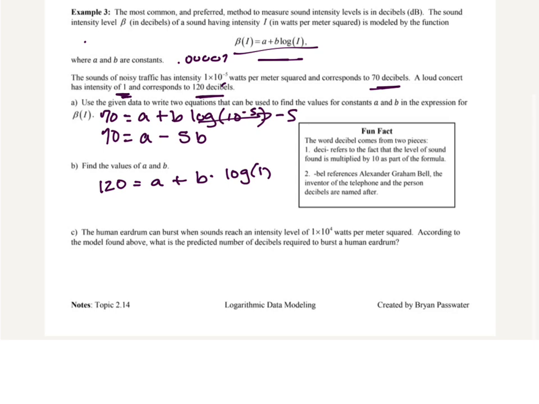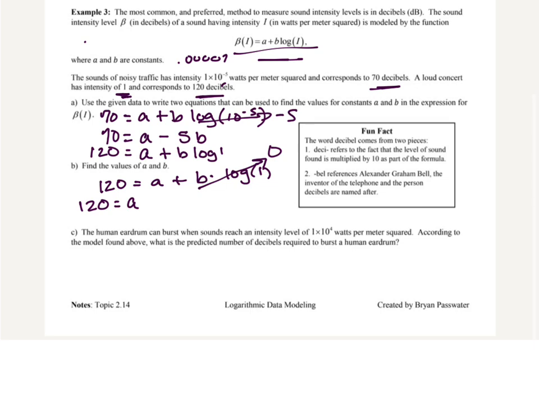So this piece actually completely zeroes out. So what do you know? 120 is A. If they wanted you to write that whole equation, you would probably have 120 equals A plus B log 1. But I think that anybody with a brain is going to say 120 is A. If they're grading this, they already know that.